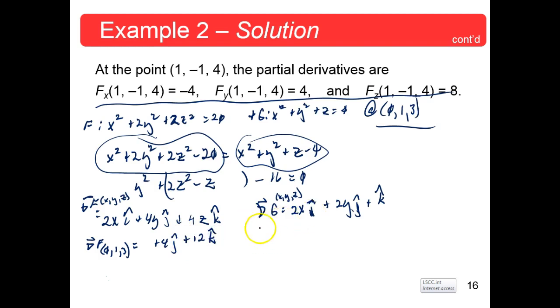Okay, let's do the same for g. The gradient of g at 0, 1, 3. Okay, you said 2j?